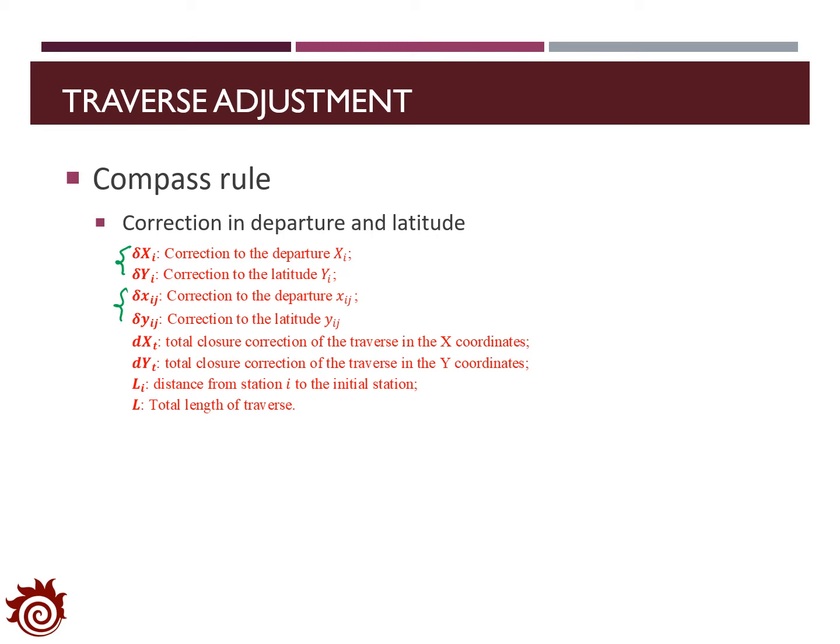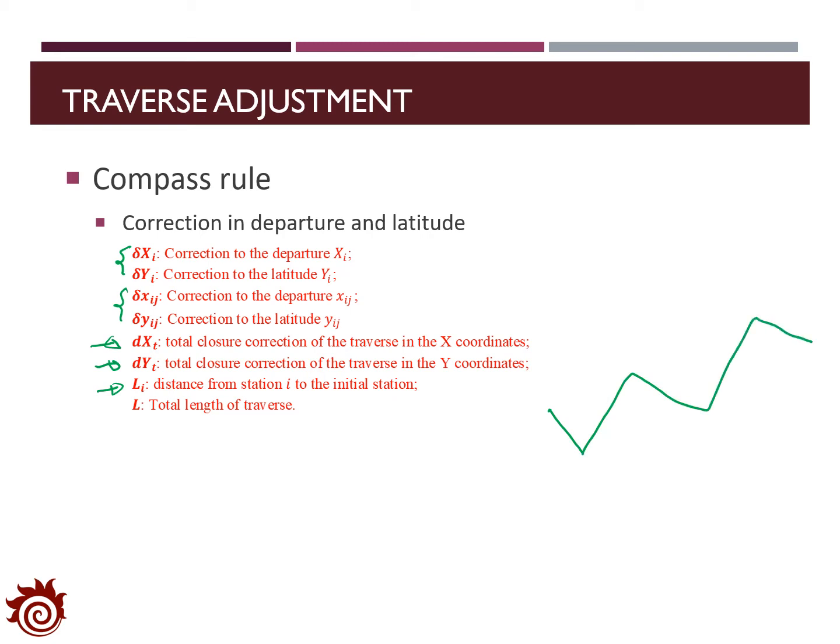Also, we have dxt as the total closure correction of the traverse in x-coordinates. dyt is the total closure correction in the y-coordinates. Li is the distance from the station i to the initial station, and L is the total length of the traverse.